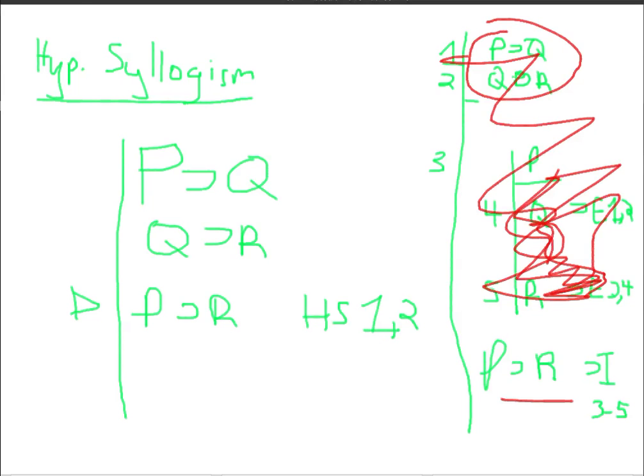And let's do one more. This one is called Disjunctive Syllogism. Okay. So this last one is called disjunctive syllogism. And it looks like this.